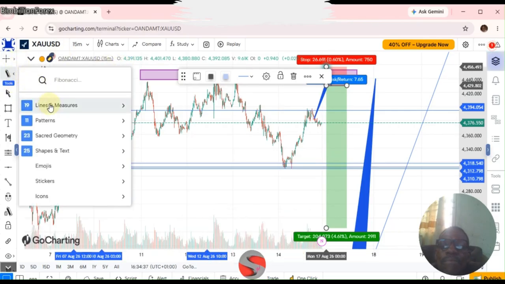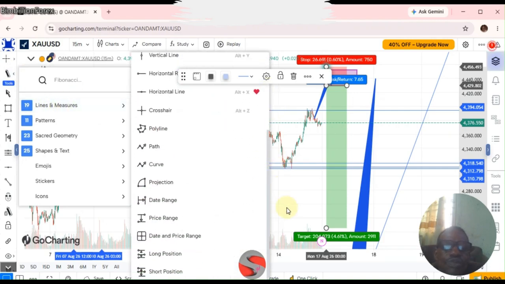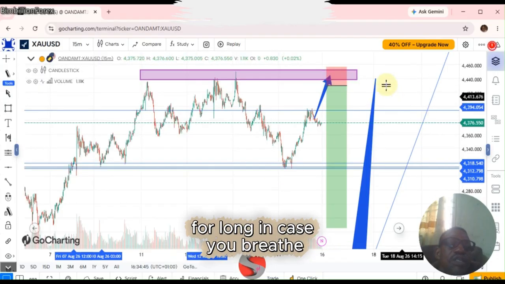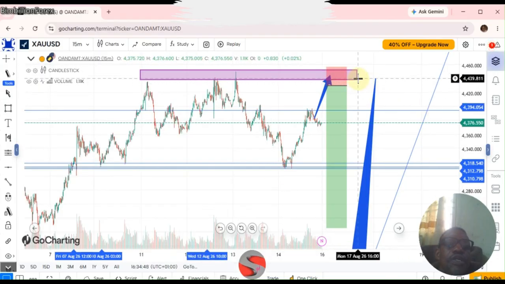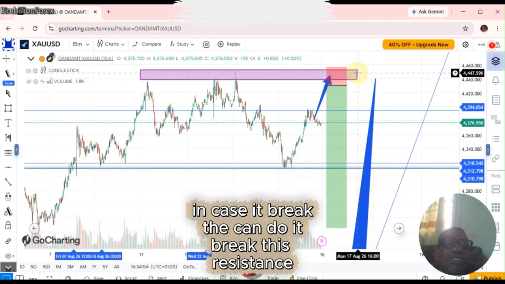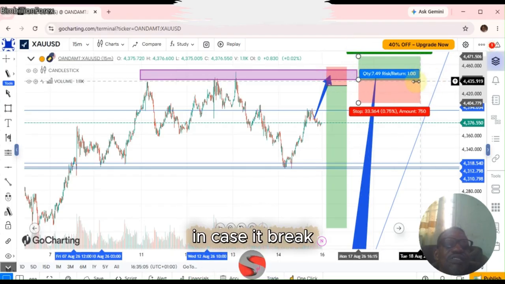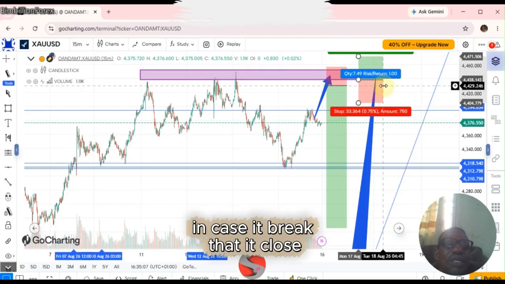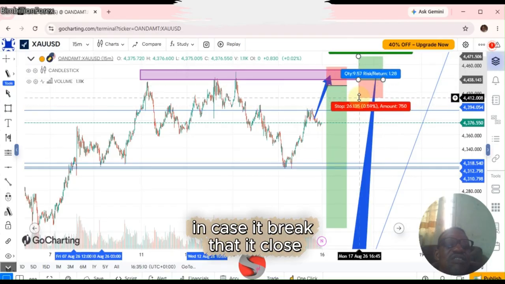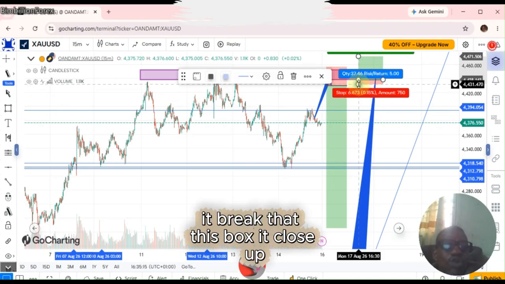Or for long, in case the candle breaks this resistance, it breaks this box and closes up.